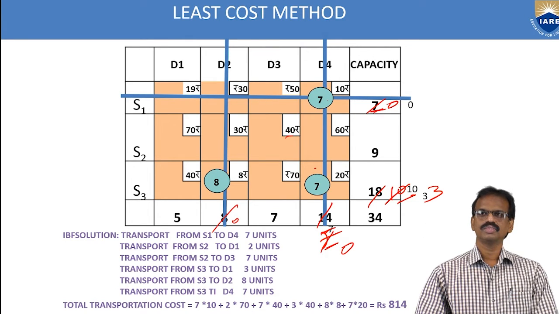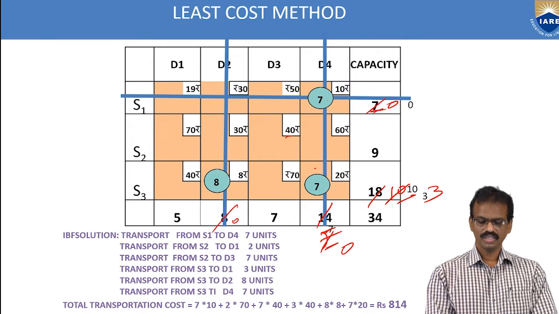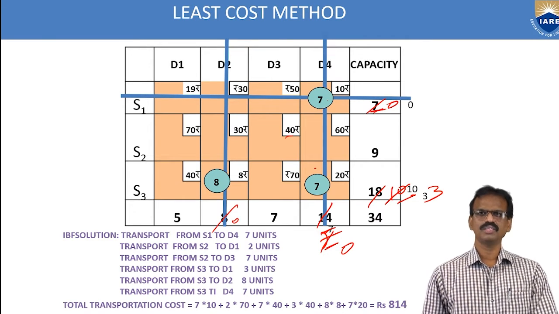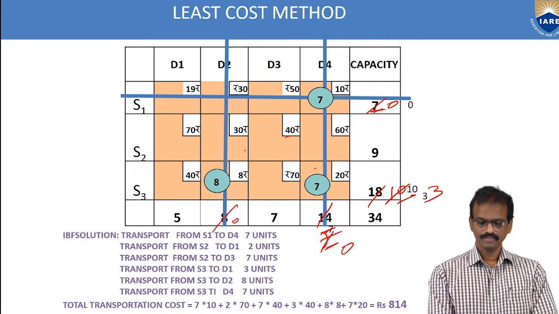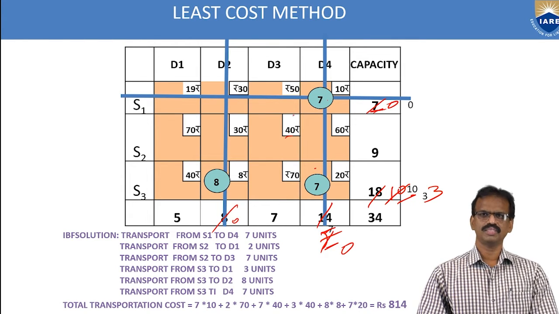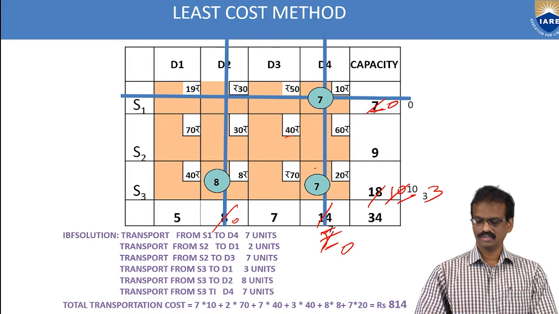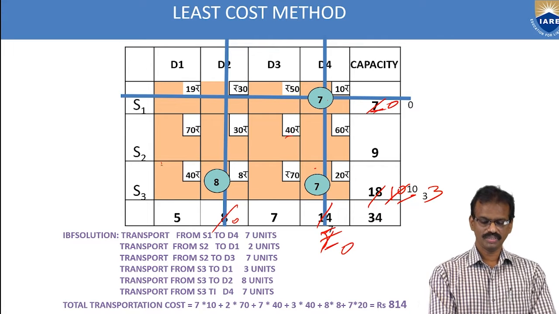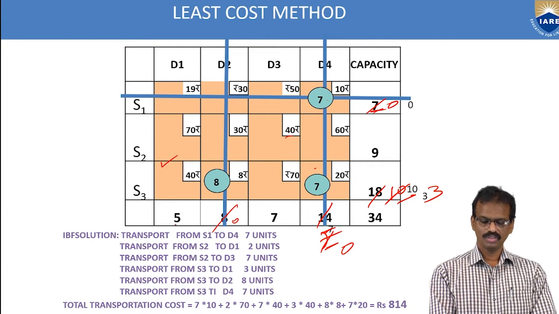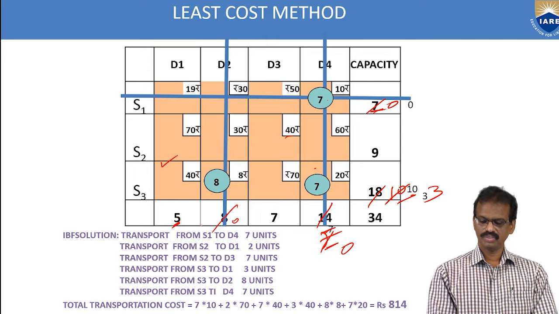Okay. So similarly, next we have to identify the least cost cell. What is the least cost cell here? 70, 40, 40 and 70. So 40 is there 2 times, so we can take any one cell, least cost. So if you take this one, the minimum value is this 5, this 3.